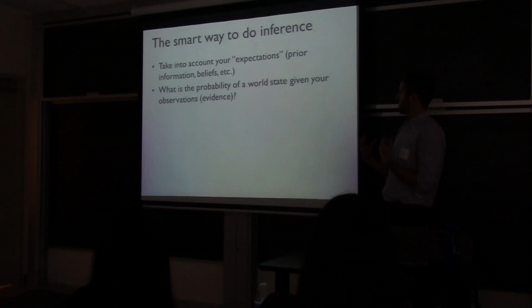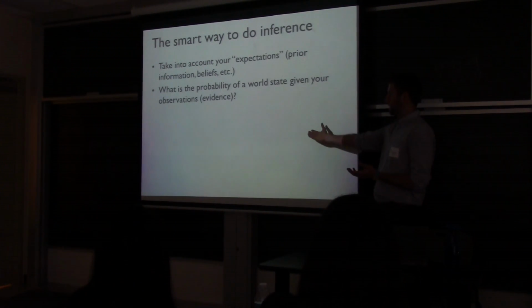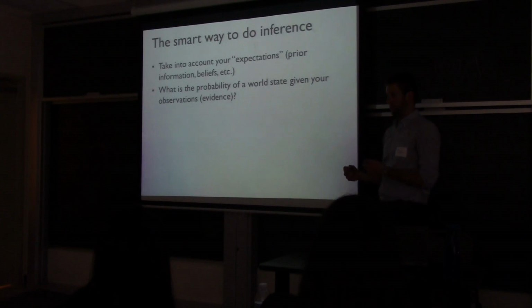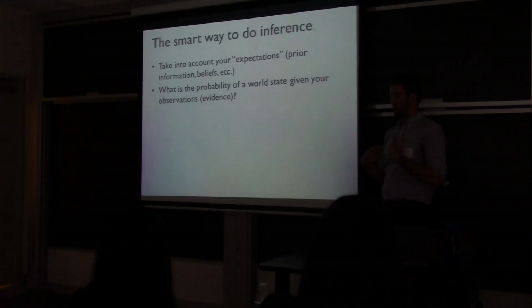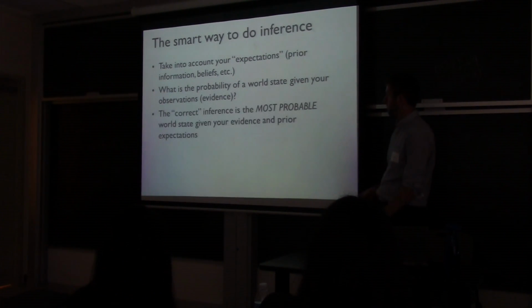Then you want to look at your current observations. So you're looking at that picture of the guy standing or the guy crouching, and you say, well, you know what? It looks to me more like he's standing than he's crouching. If he were crouching, the picture would have been rotated the other way. And so you're going to take those observations, combine them with your expectations, and look at all the possibilities and then select which is the most probable one.